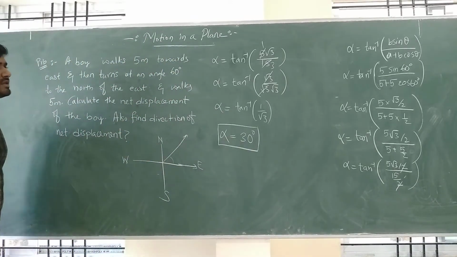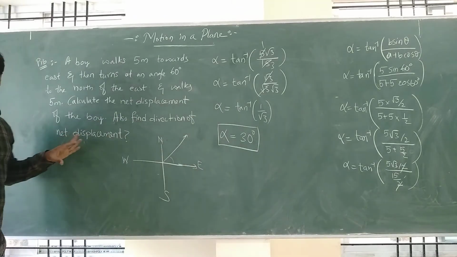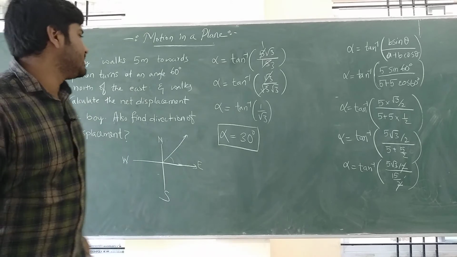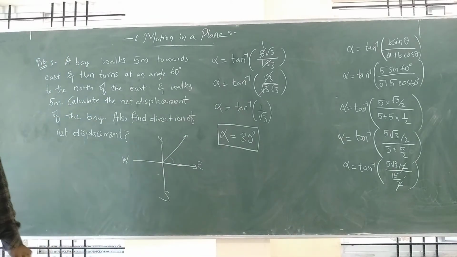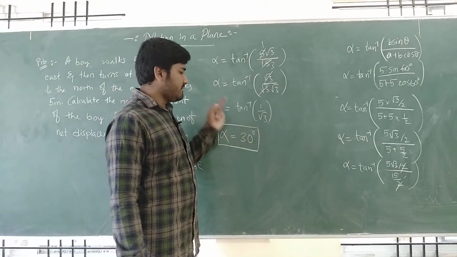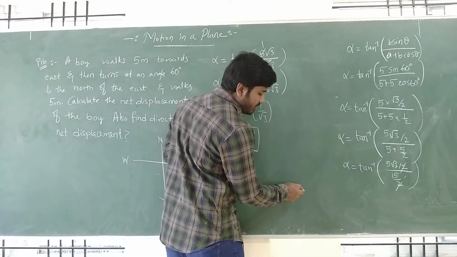Finally you got everything. So that is the net displacement of the boy, calculated by using the triangular law of vector addition. And the direction is nothing but alpha. Already I have said alpha will give you the direction. So the direction of the net displacement is 30 degree. Now look at our problem.